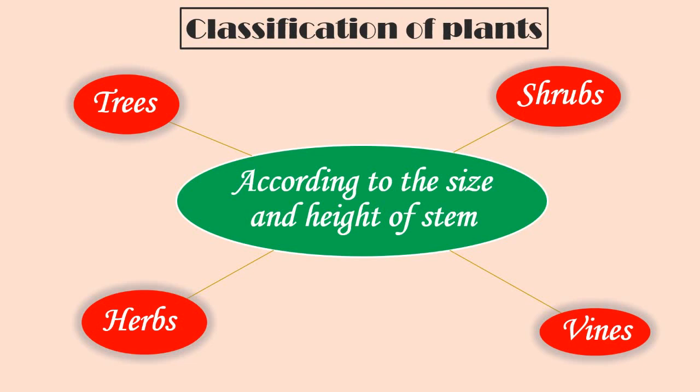We can easily notice the differences in the shape and height of the plants in our surroundings. Therefore, according to the size and the height of stem, plants are classified as trees, herbs, shrubs, and vines.